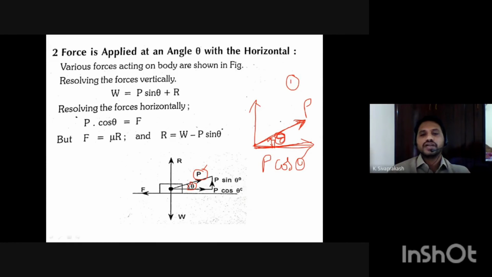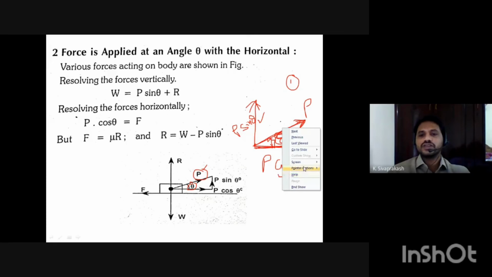When you want to find the adjacent side, you apply the cos theta formula. The vertical side is opposite to theta, so you apply the sin theta formula, that is P sin theta. The vertical force is P sin theta and the horizontal force is P cos theta.